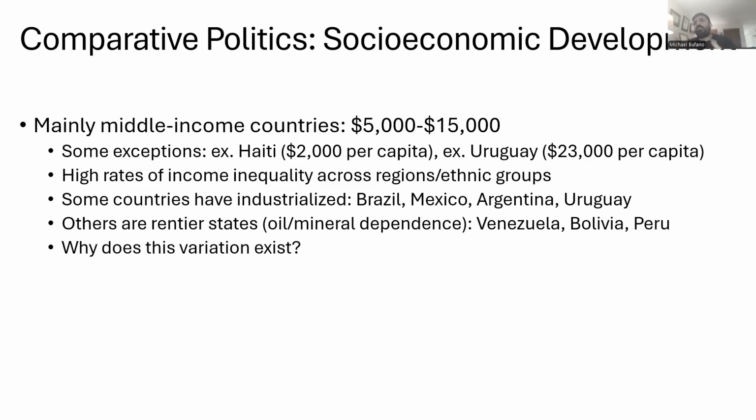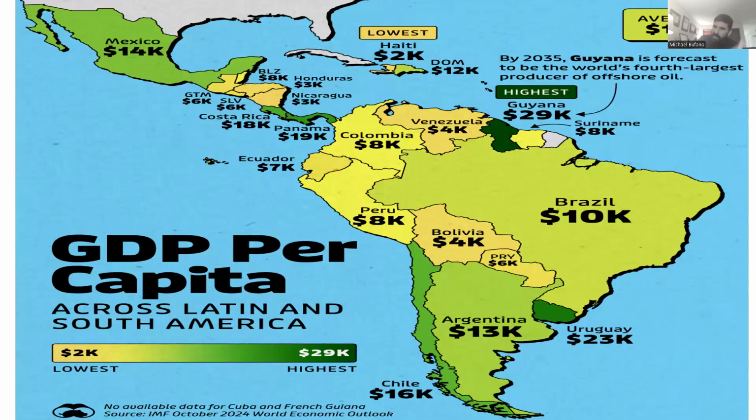And so we're going to look at why this variation exists across Latin America. Once again, here is a map of this region of the world. And as you can see, while they all tend to be clustered in these kind of middle income countries, there are some differences. And what makes them interesting as middle income countries is that their democracies and dictatorships have tended to be less stable.